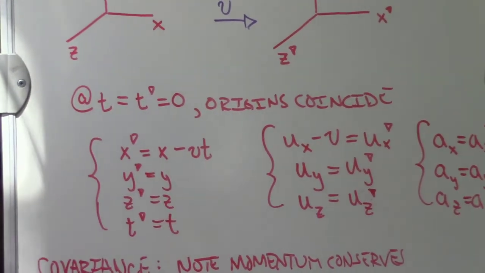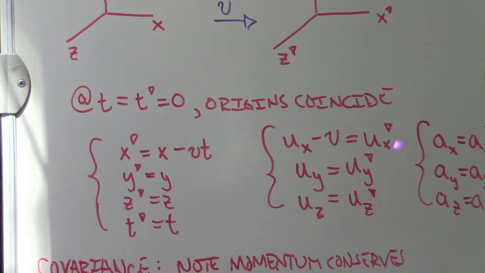So if I take the first derivative with respect to time of x prime, I'm going to get the speed ux prime. And similarly, the derivative of x with respect to t gives ux. The derivative of minus vt with respect to t is just minus v. Hopefully that's not terrible. For y prime and z prime, note that since there isn't this second term, it really just turns into uy is uy prime and uz is uz prime.